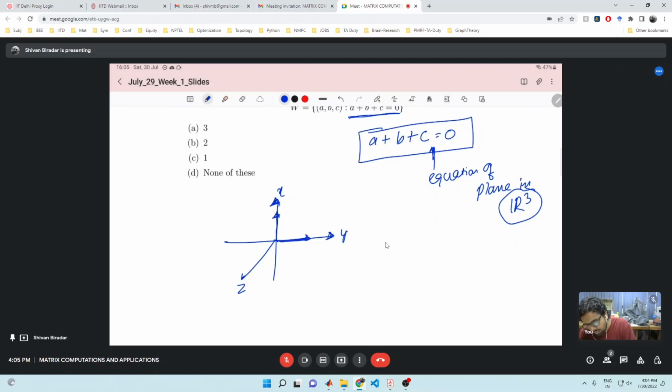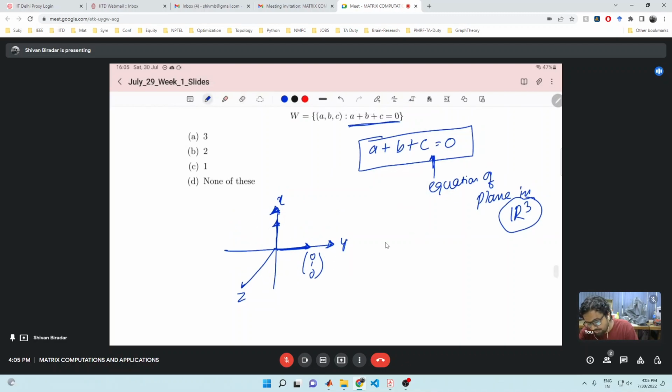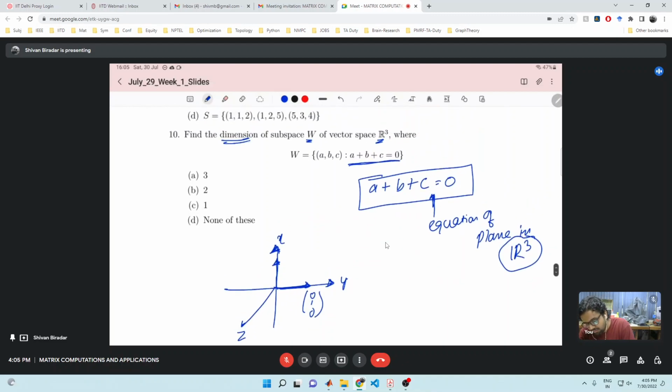Let us say that this is (0, 1, 0) and this is (1, 0, 0). Take the span of this, and you'll get this whole XY plane itself. So to generate any plane in 3-dimensional space, you need only 2 vectors. So the dimension of this subspace, the plane, would be 2.